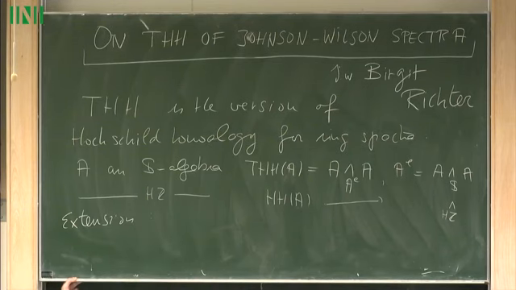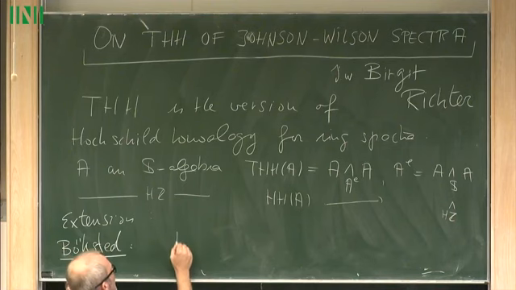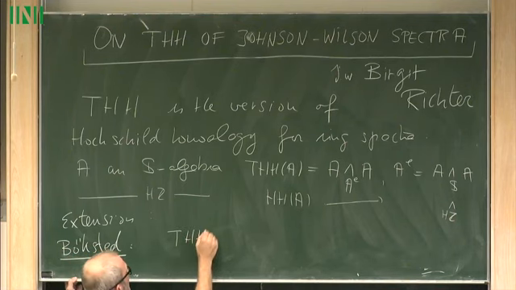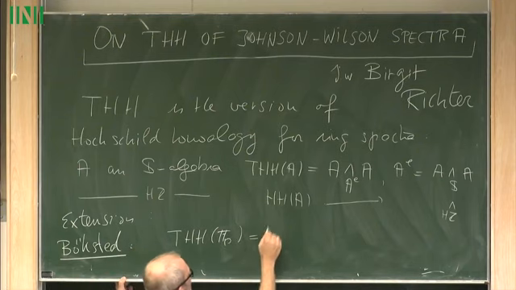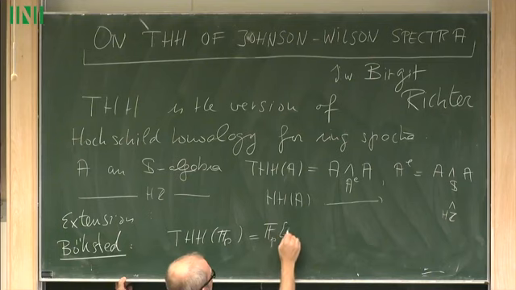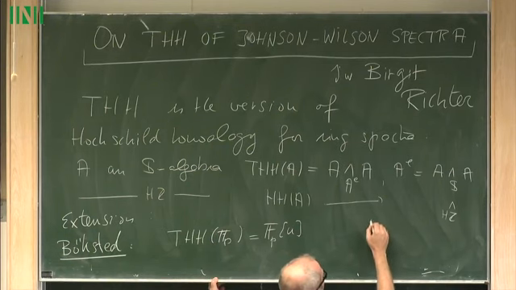The first example is Bökstedt's theorem that THH of F_p is a polynomial algebra, while if you look at Hochschild homology, it's going to be a divided power algebra.